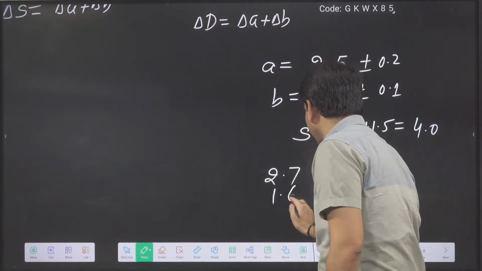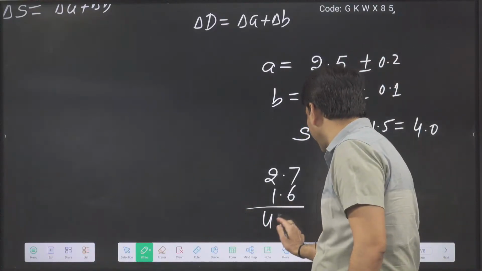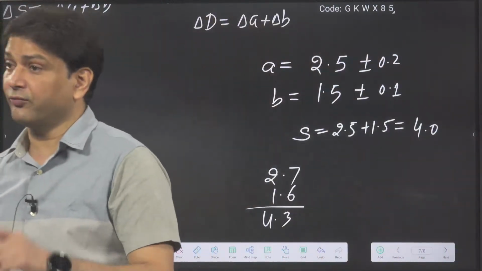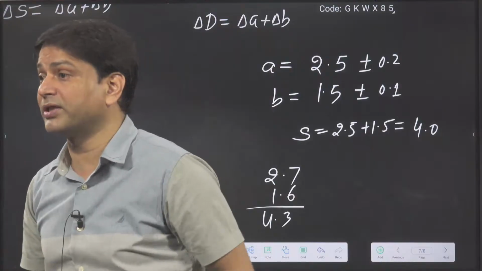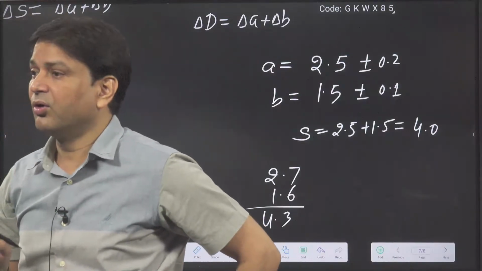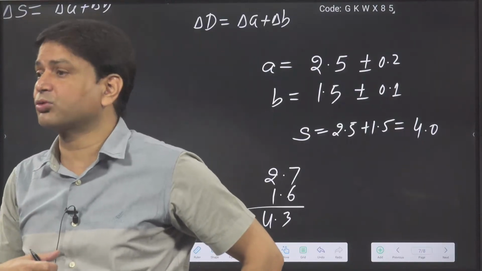If I add both, I will get 4.3. Now the true value of the quantity is 4, but the addition I am getting is 4.3. Means the maximum error I can do is 0.3. So that's why, we don't know which quantity we measure more than actual or less than actual.